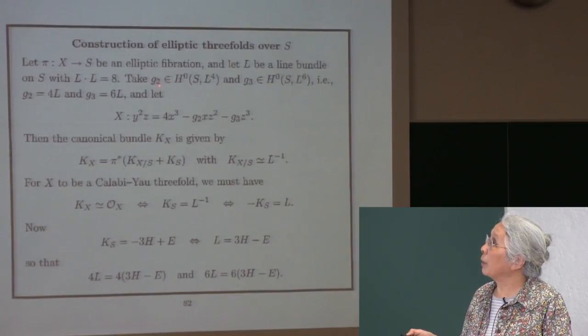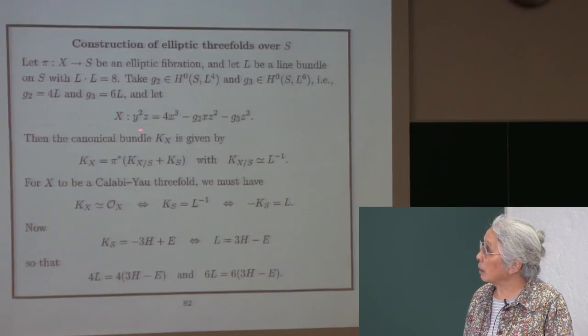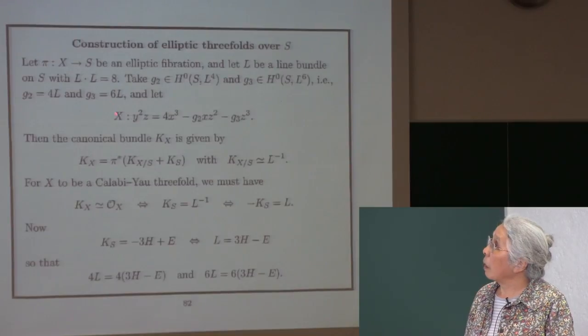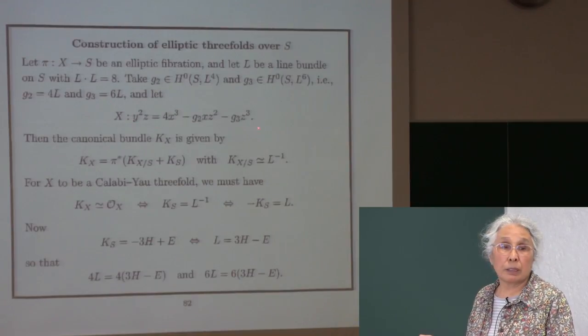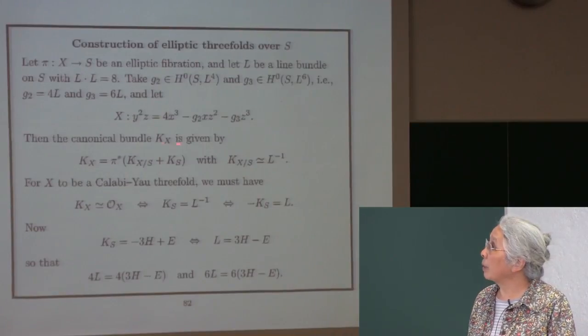You pick G2 from H^0 of 4L, and G3 from H^0 of 6L. So G2 is a section of 4L, and G3 is a section of 6L. Now I want to consider the model over S defined by this equation. It's a Weierstrass fibration: an elliptic fibration is given by a Weierstrass equation.